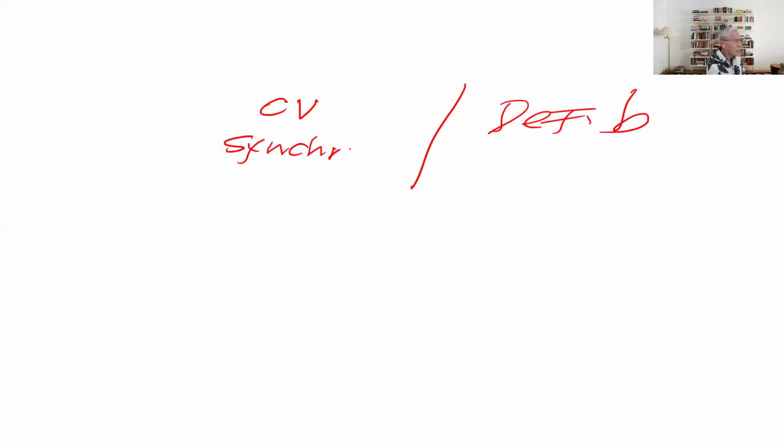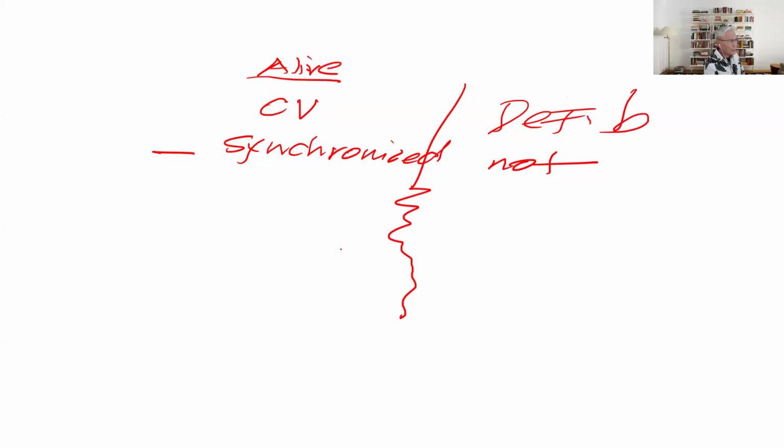And of course, over on the other side, it's not synchronized. It's delivered anytime where it wants to deliver. Now, the other thing is the patient is alive in cardioversion, right? And dead in defibrillation. Now, delivery of electrical current is painful.